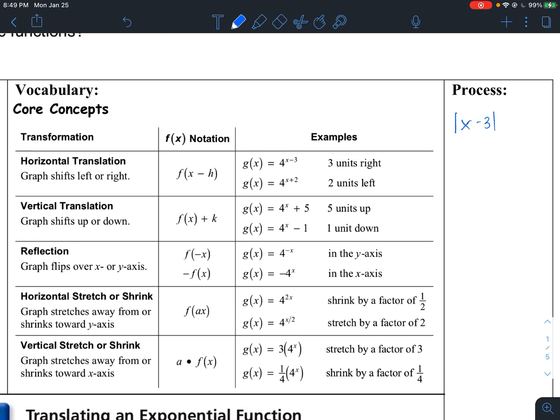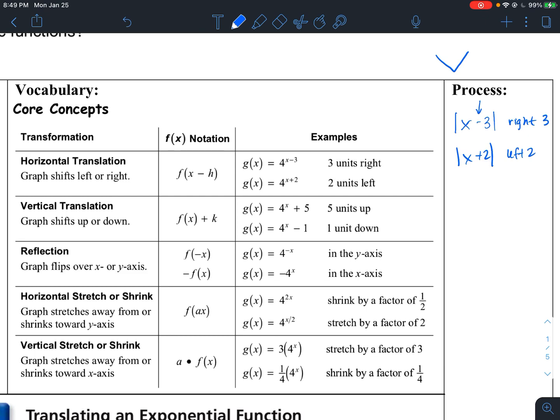Now, this function right here is an absolute value function, which just looks v-shaped, right? And this transformation, because it's subtract 3 inside, it's a horizontal translation, which means you move right 3. If it was the absolute value of x plus 2, then this would be left 2. Okay?